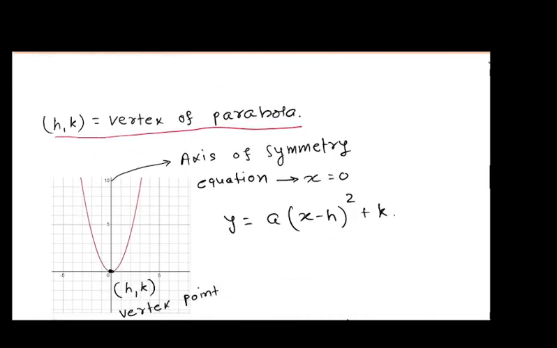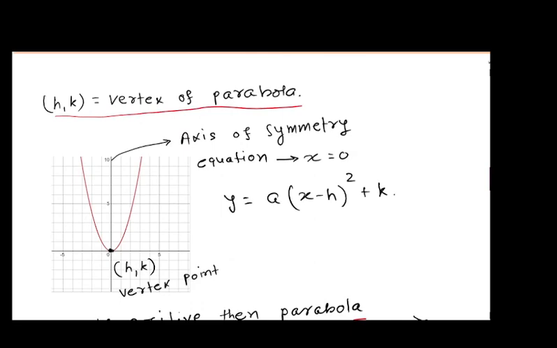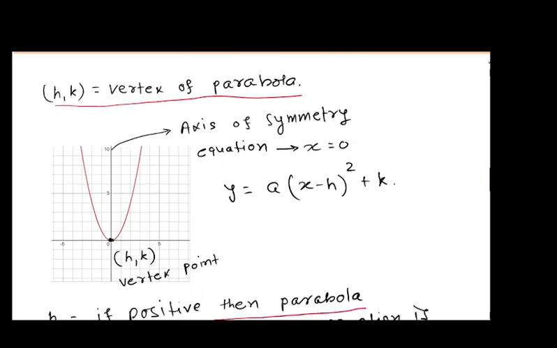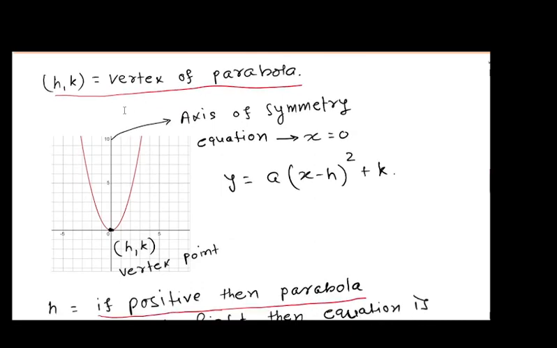Now what happens with h and k? Let us understand what h and k are. H and k refer to the x and y coordinates of the vertex point of the parabola. So that is this point, when the parabola opens up, at the minimum point at the bottom. That is my h and k value, which means the x and y value of the vertex point.